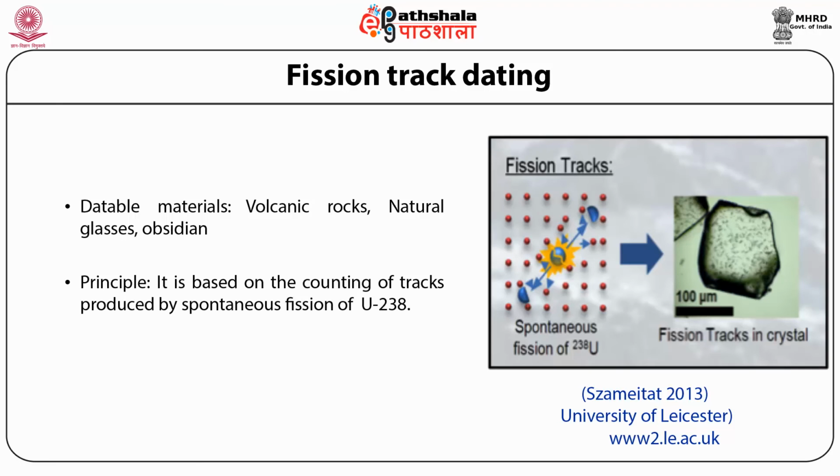It creates tracks in the crystal lattice which are 15 to 20 micrometers long. These tracks are counted and dates are calculated. The datable range is from 20 years to 5 billion years. The advantage of this method is that the rate of decay of uranium-238 is constant throughout time.